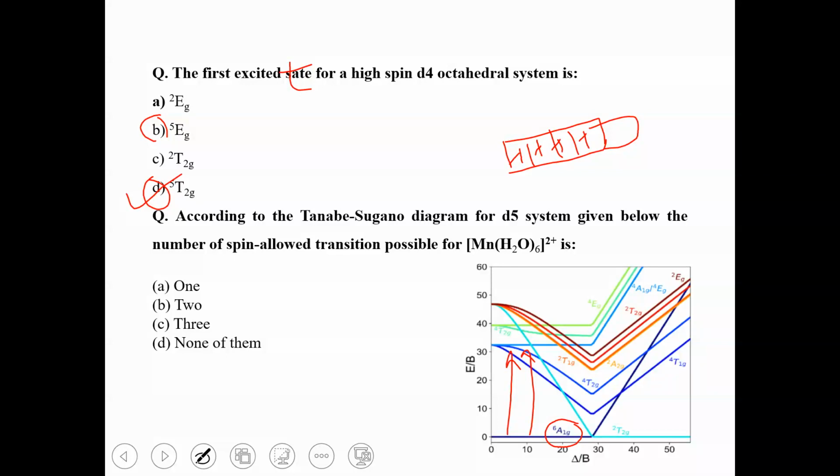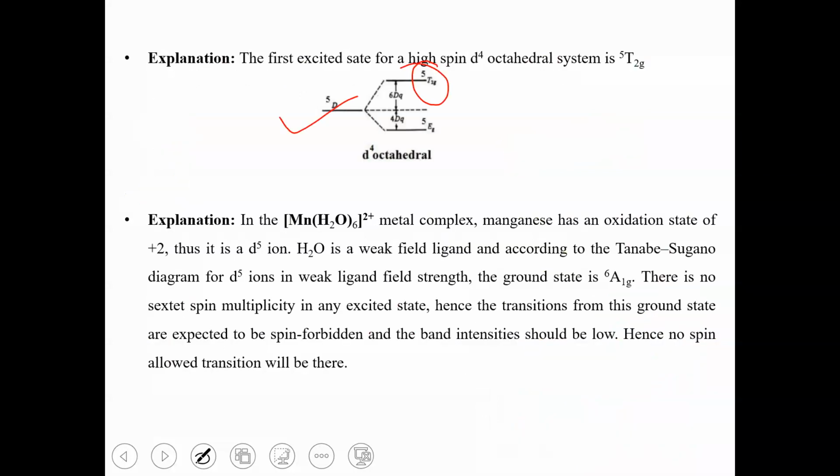So the number of spin allowed transitions, how many? Here is the explanation. This is a d5 ion. Water is a weak ligand, and according to this diagram, d5 ions are in weak ligand field strength. So the ground state is 6A1g.